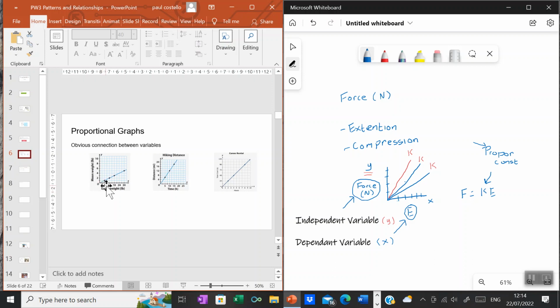As you increase by 6, for example, it increases the exact same amount each time between one variable and the other.